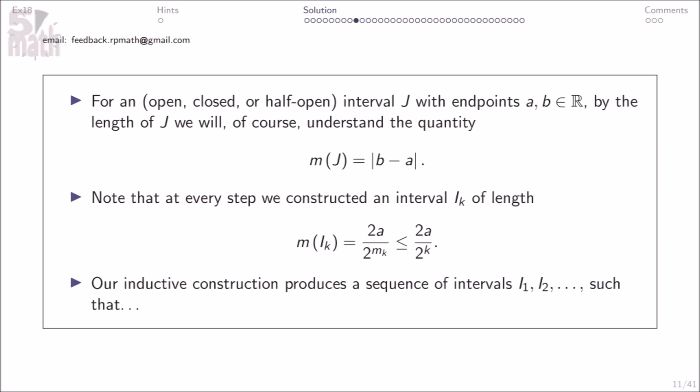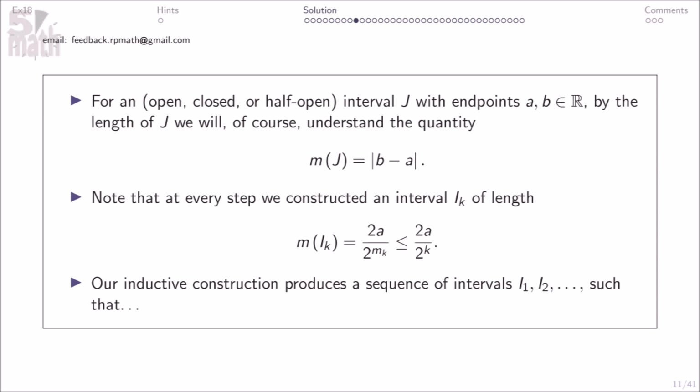For an open, closed or half-open interval J with endpoints a, b element of R, by the length of J we will of course understand the quantity m of J equaling the absolute value of b minus a. Note that at every step we constructed an interval Ik of length this.